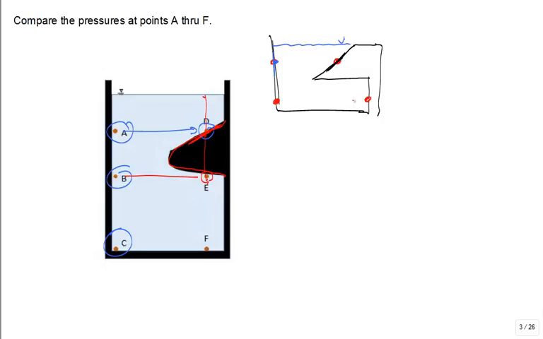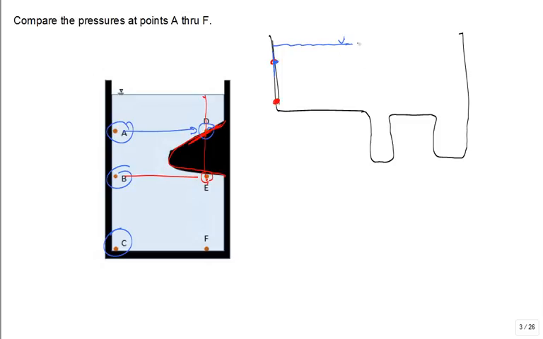Then they change it up a little bit: it goes down like this and back up, then down again and back up, and the fluid level comes across. All of that is water, but they spilled some mercury in it first, and mercury is dense. It sinks, but it's still a fluid.